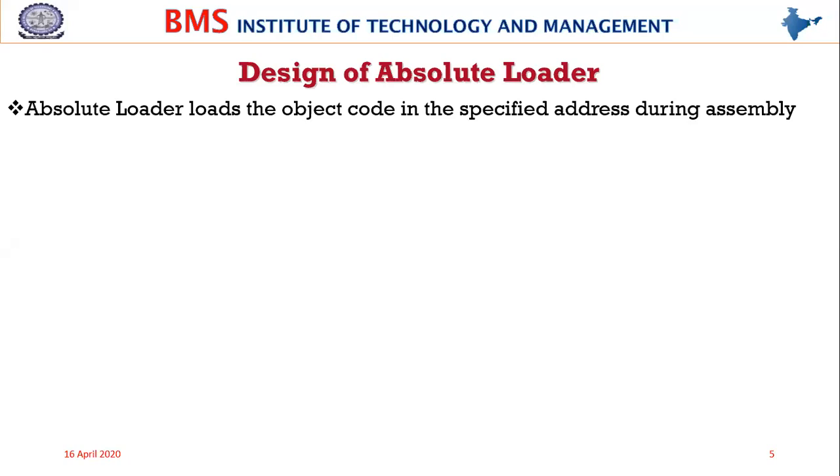I told you that this is an absolute assembly, meaning we are specifying the addresses exactly, like 1000 or 2000, and all the assembly will be done like that. The problem with this sort of code is that the program can be executed only if that specified address, for example 1000 or 2000, is available while you are executing the program. If not available, that program could never be executed.